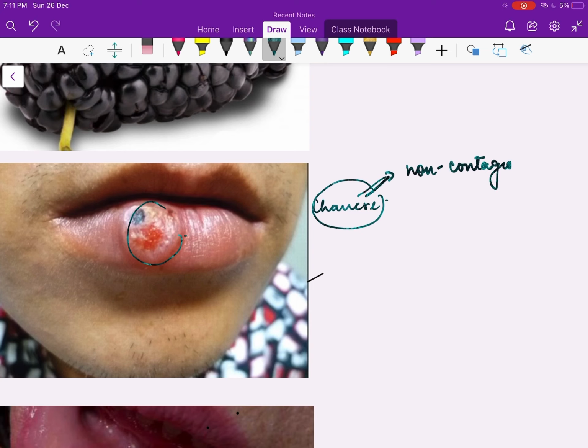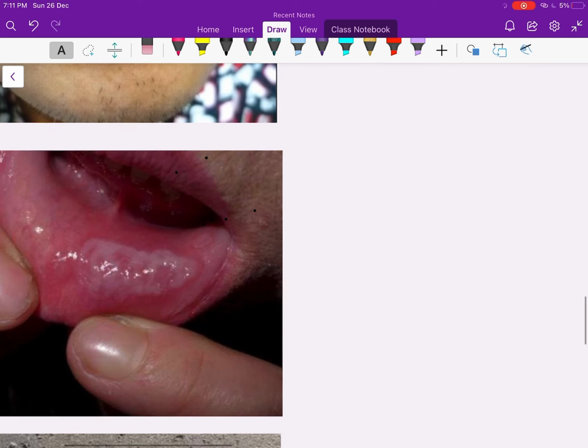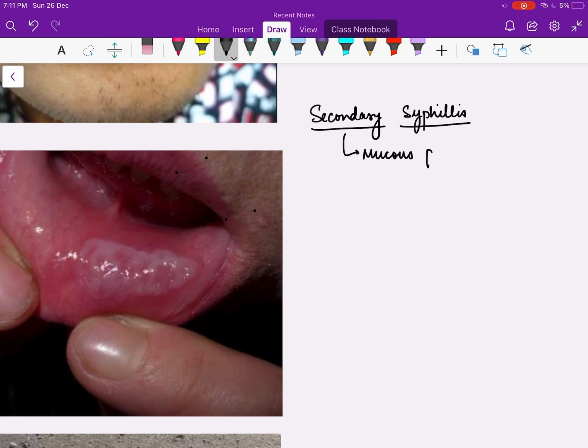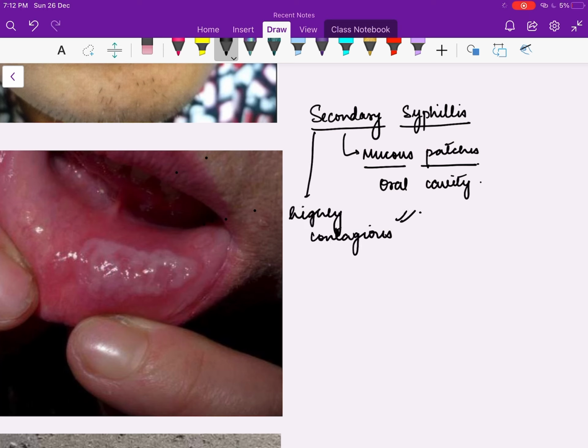This is non-contagious until it is secondarily infected. Coming to secondary syphilis, that occurs 6 to 30 weeks after primary syphilis. There are mucous patches or papules in the oral cavity. This stage is highly contagious and the most infective stage of syphilis.